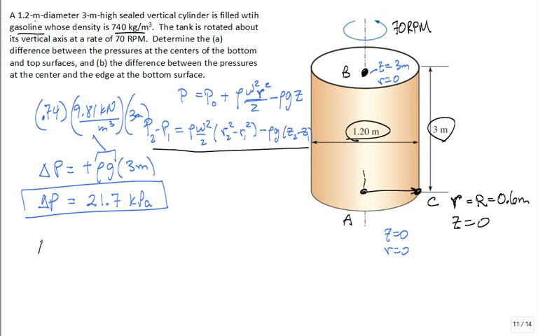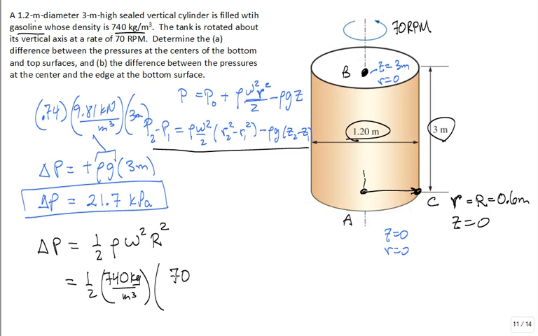So the change in the pressure for part B is going to be equal to 1/2 rho omega squared R squared. Let's chase the units on this one. 1/2 times 740 kilograms per meter cubed times, now we have to get that omega. It's given as 70 revolutions per minute.